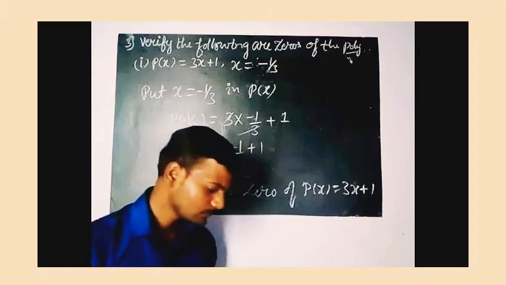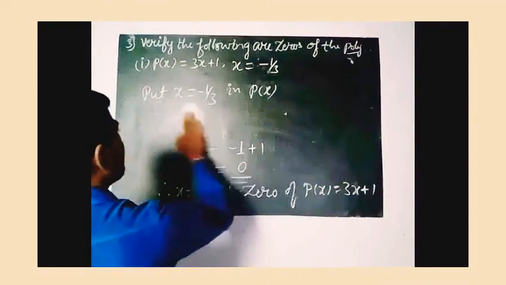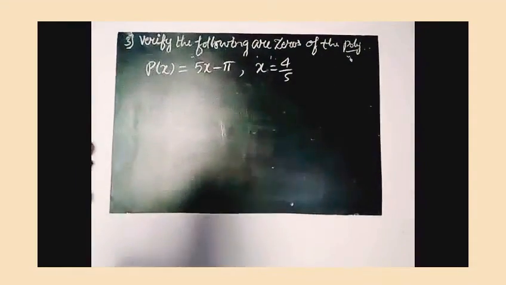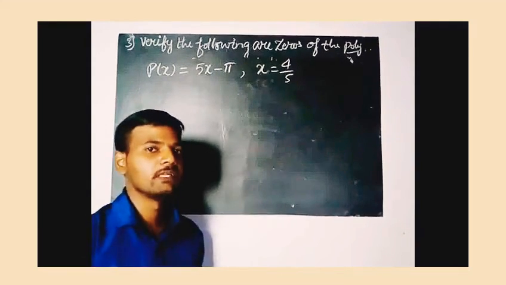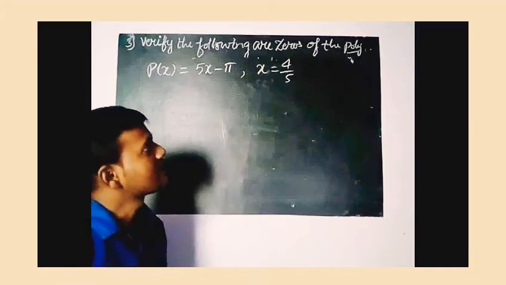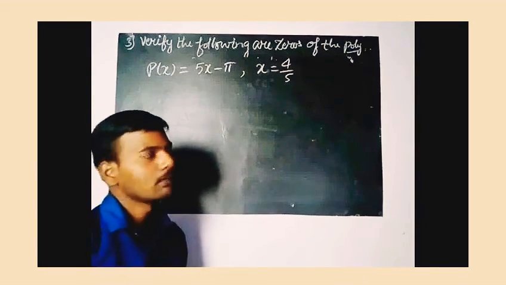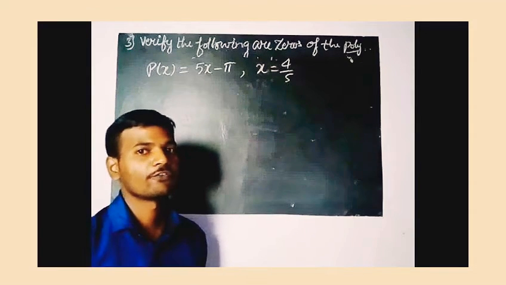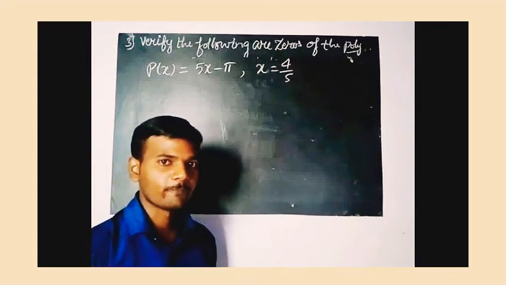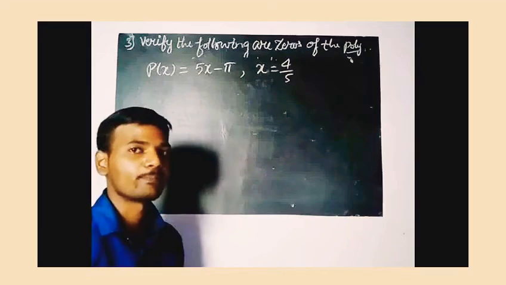Next, let me have one more example to verify whether the given values are the zeros of the polynomial or not. Verify the zeros of the polynomial 5x minus pi, where x is equal to 4 by 5. Put the value of x is equal to 4 by 5 in the polynomial p of x is equal to 5x minus pi.